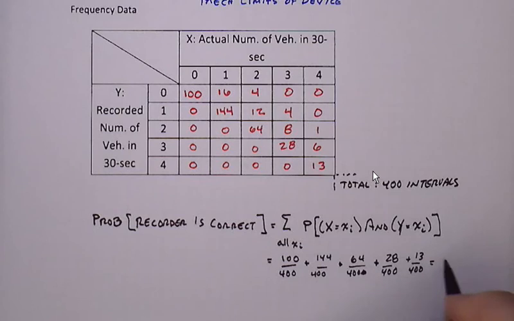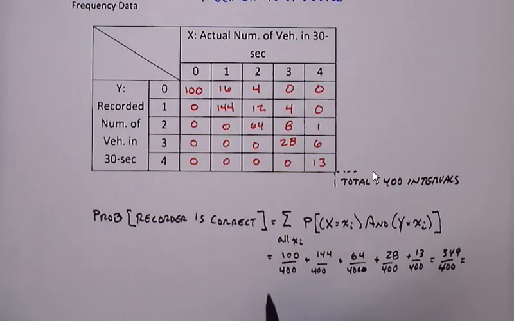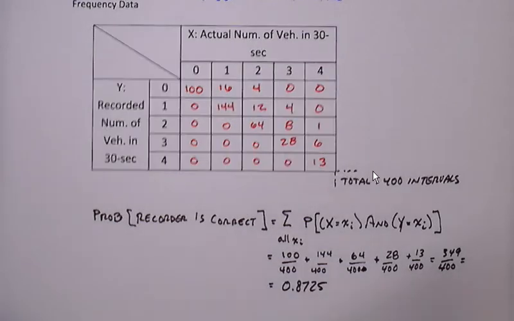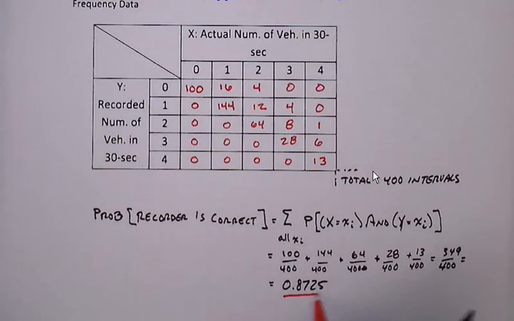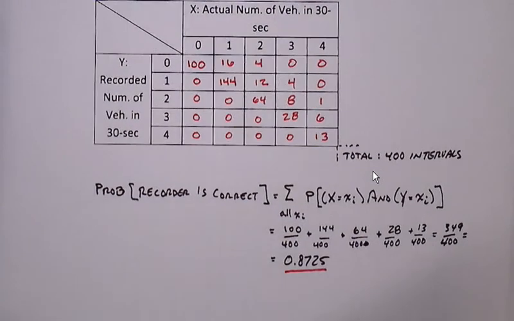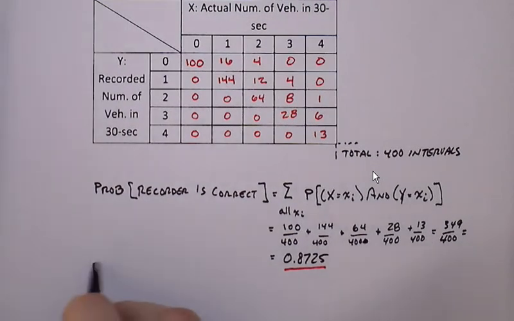Add that all up, we get 349 over 400, and that is equal to 0.8725. There was our probability of being correct. You could also, of course, ask the follow-on question that, well, what was the probability of error? And the simplest way to do that is, well, that's just 1 minus the probability of correct.